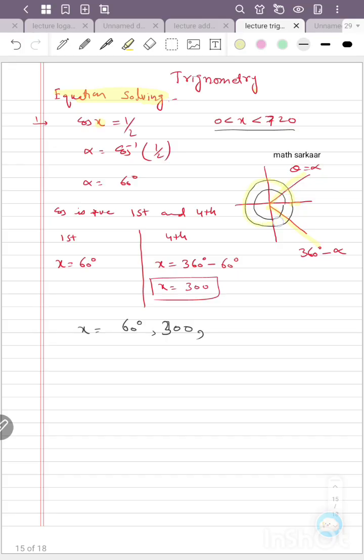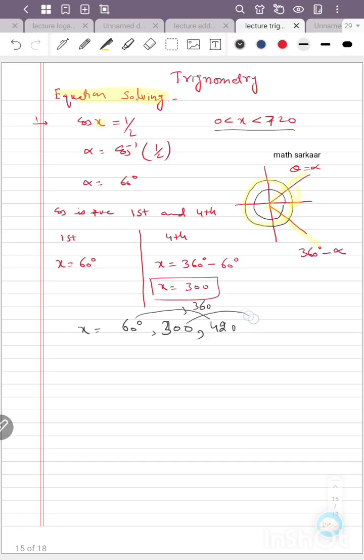This is our 360. After 360 we have to add 60 more, and after 300 we have to add 360 more. Simply, 360 plus 60 gives us 420. Simply, we have to add 360 here.